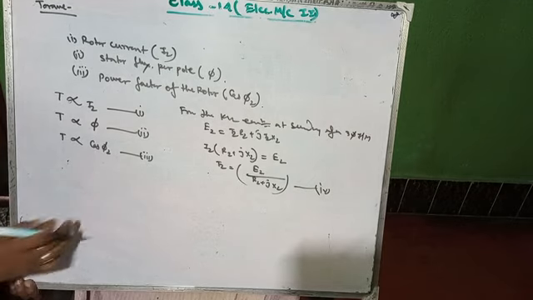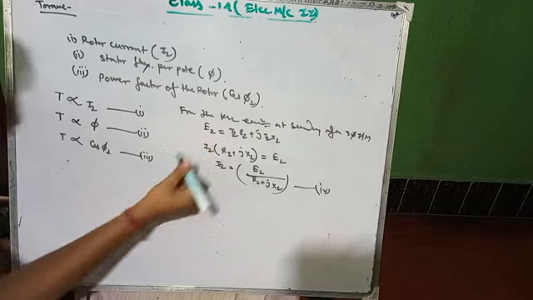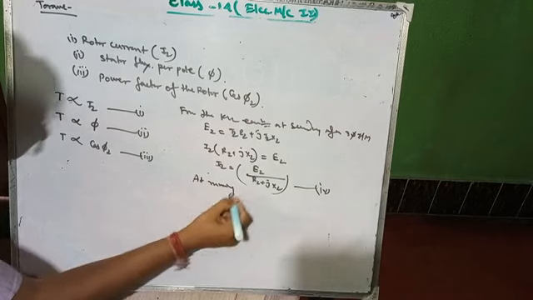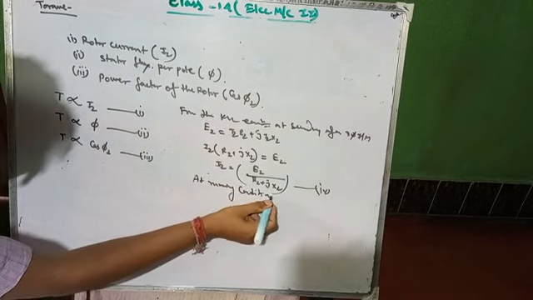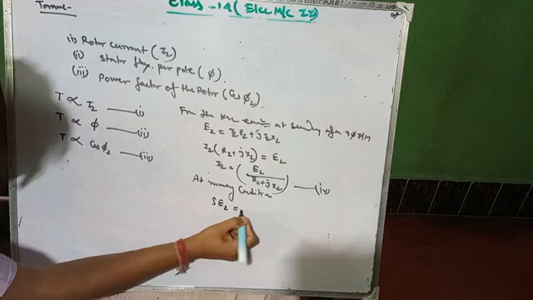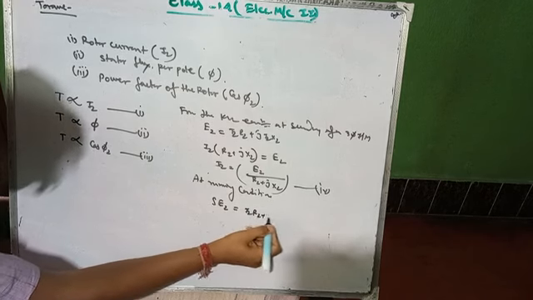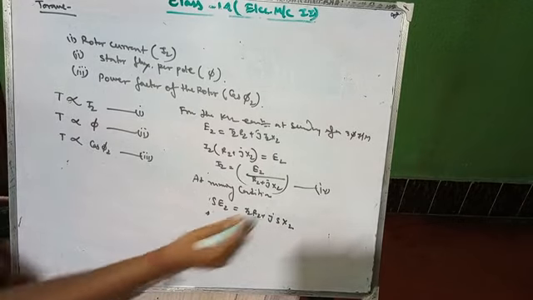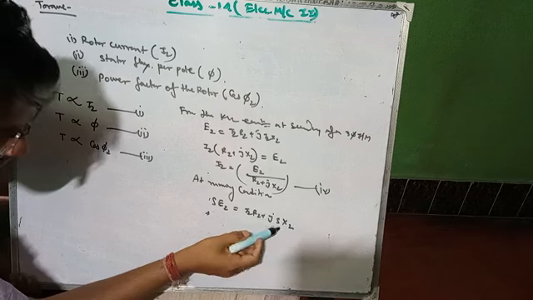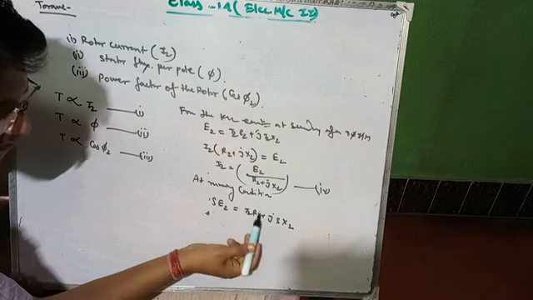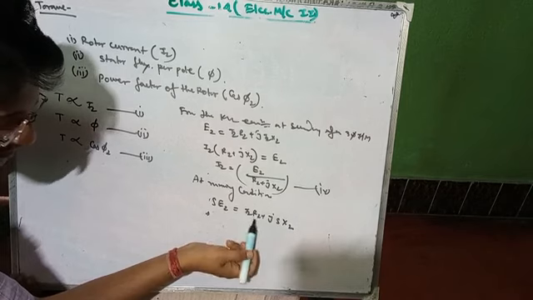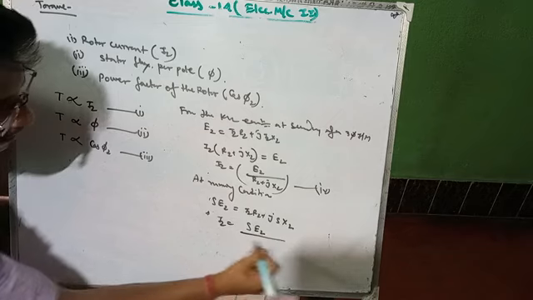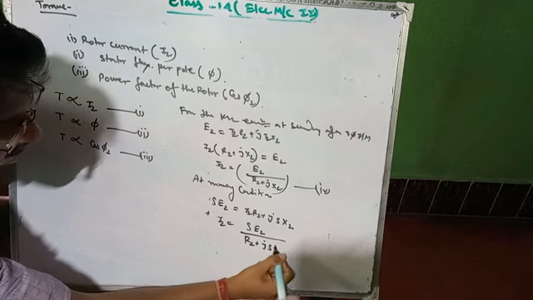But remember, this equation is for the steady state condition. At running condition, the slip will be incorporated: S into E2. E2 and X2 are incorporated by slip, but there is no slip component in the resistance. So I2 can be written as S E2 by R2 plus jSX2.